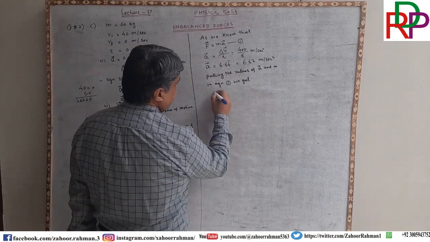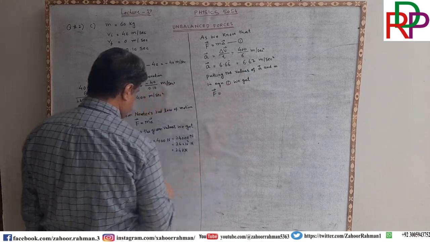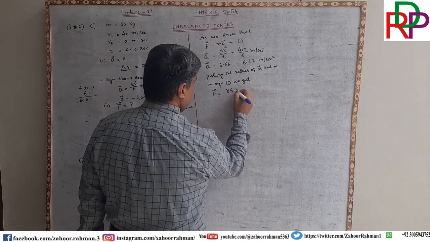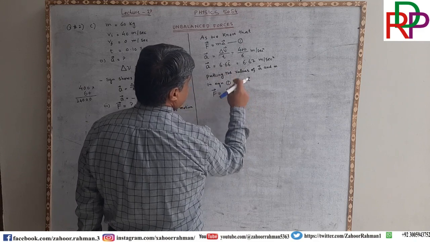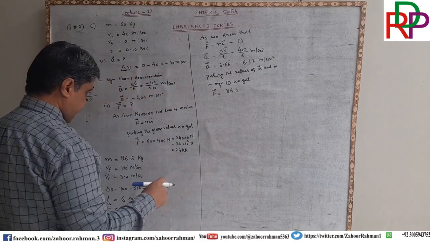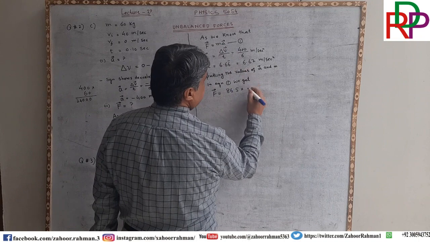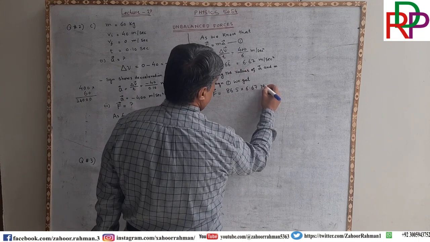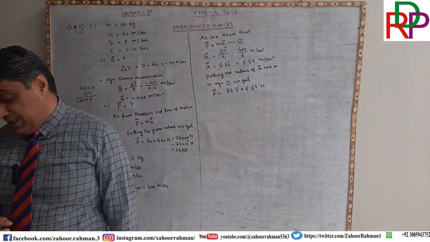and that will be equal to F is equal to M. M is given as 86.5, and we calculated A as 6.67, and that will be in Newton. So let us calculate this.